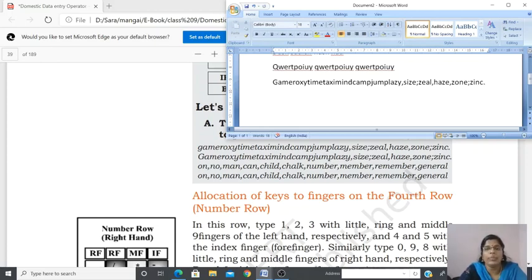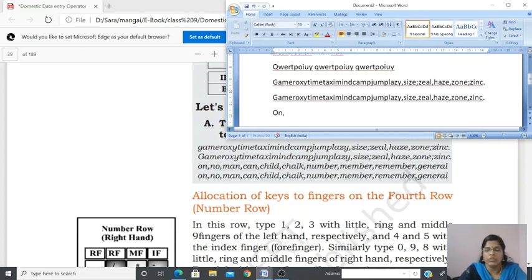Okay, full stop, then next line. GAMEROXY TIME TAXI MIND CAMP JUMP LAZY. Then SIZE, comma, ZEAL, comma, HAZE, comma, ZONE, then ZINC, dot.